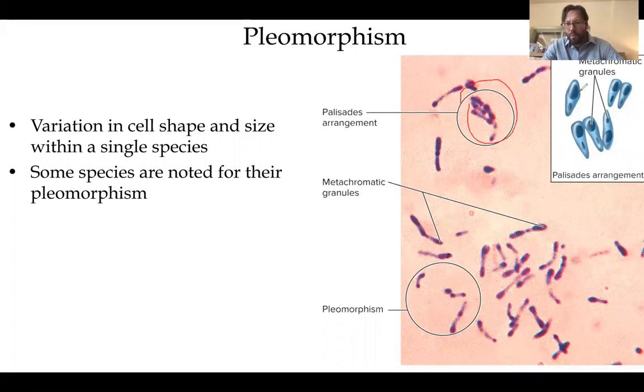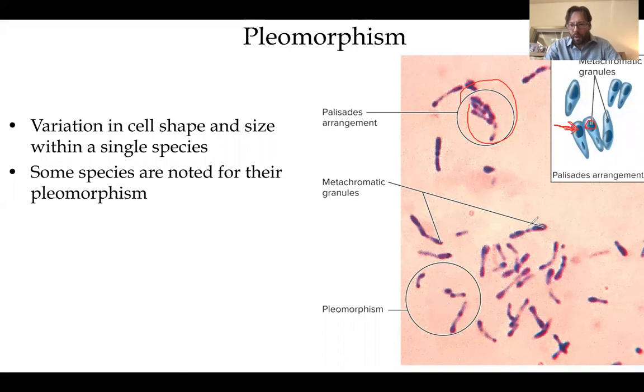Some of them will have these big metachromatic granules, again for storage, right? And depending on how big those get, they will cause the cell to restructure itself and not be uniform all around. So it'll be bigger at the ends that have these granules, and so it gives it kind of a teardrop shape.